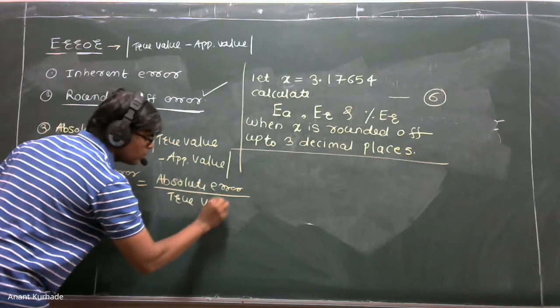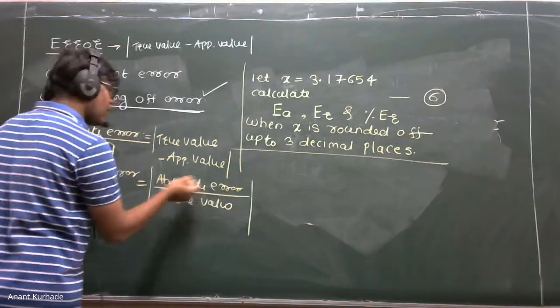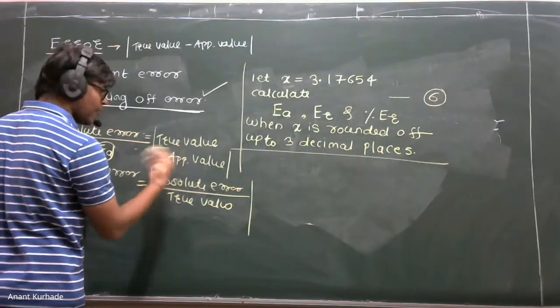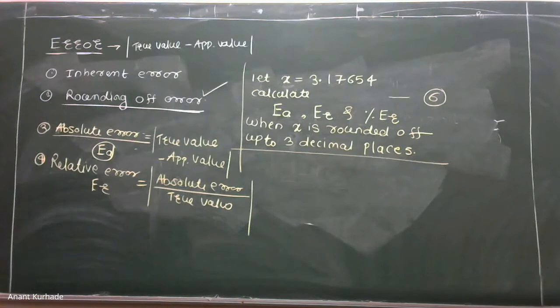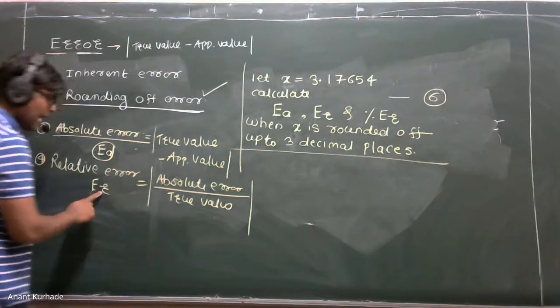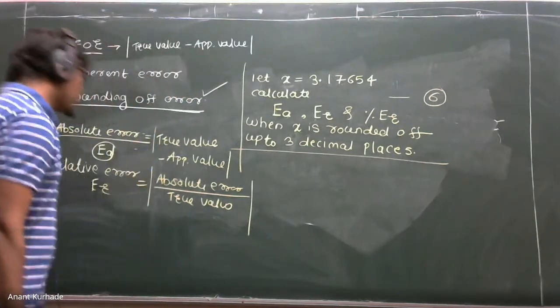Keeping mod is not required actually, because absolute error is already positive, so we get a positive answer and the value is positive. So relative error ER is the absolute error divided by the true value.